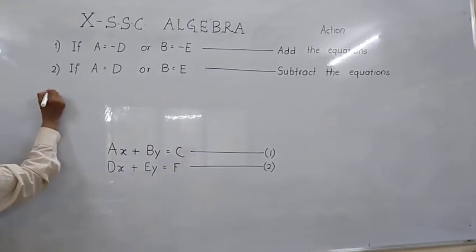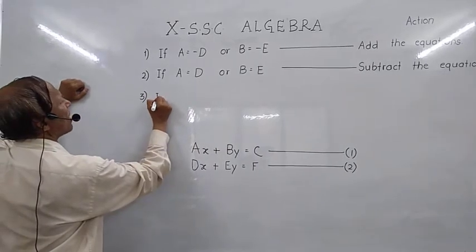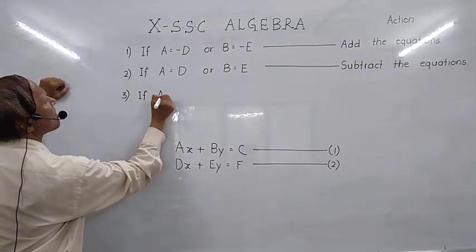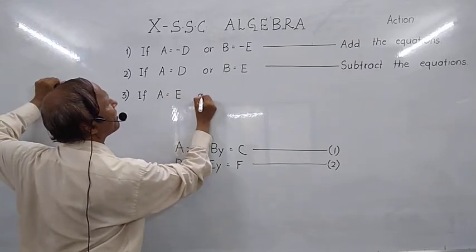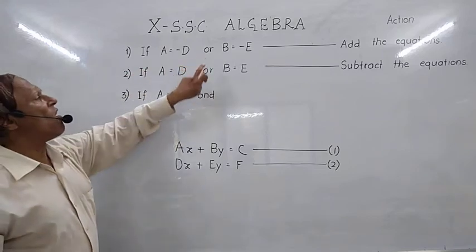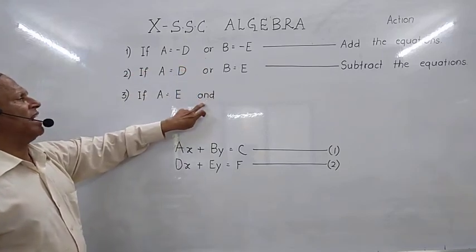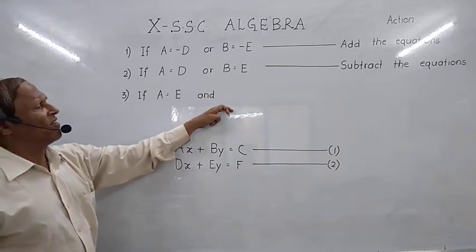In the third case, if you find a is equal to e, and remember here there was 'or' and here there is 'and', meaning both the conditions must be satisfied at one time.